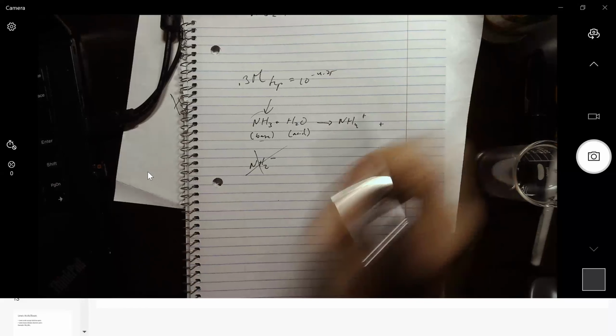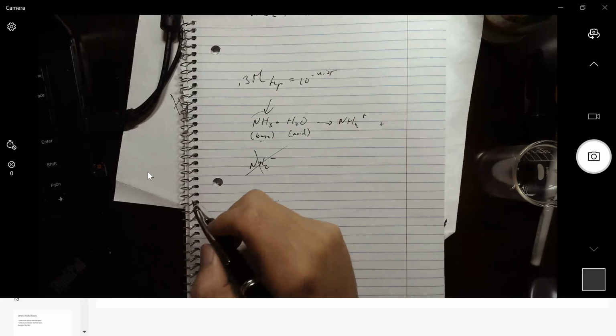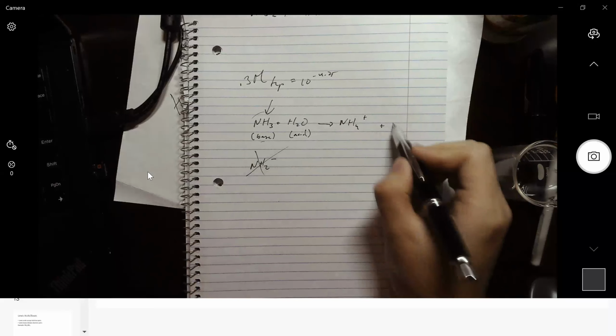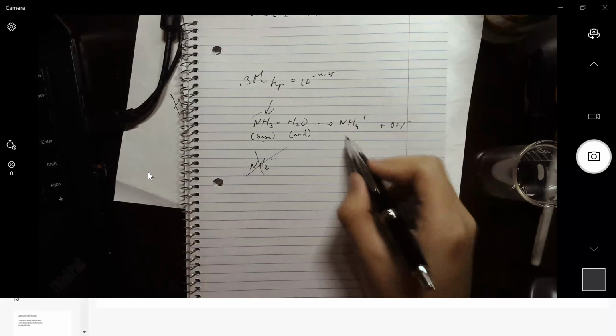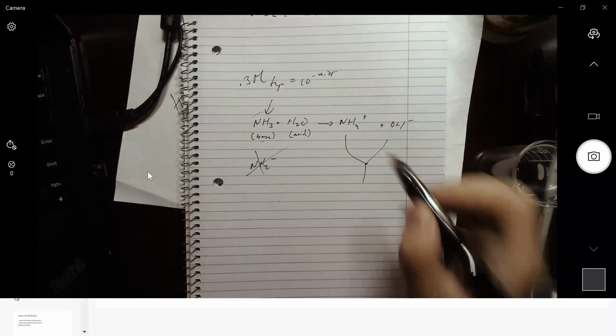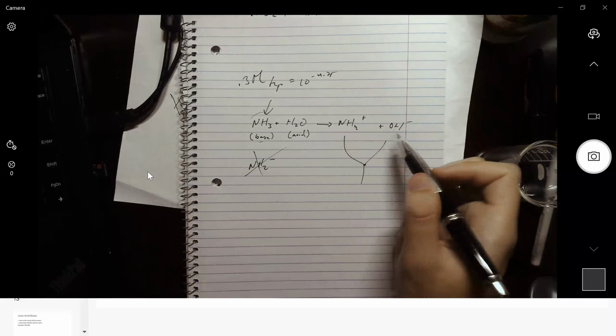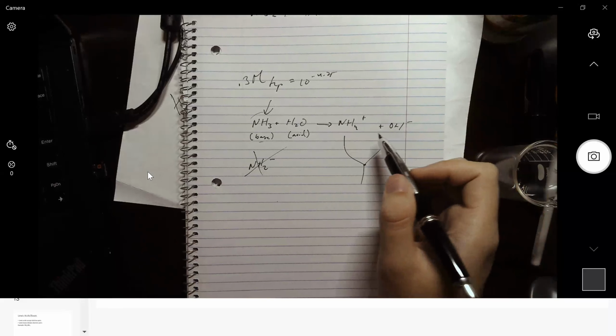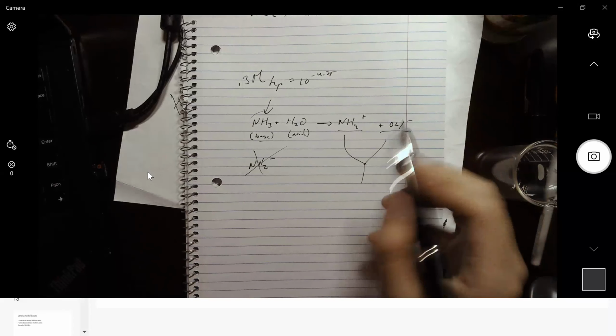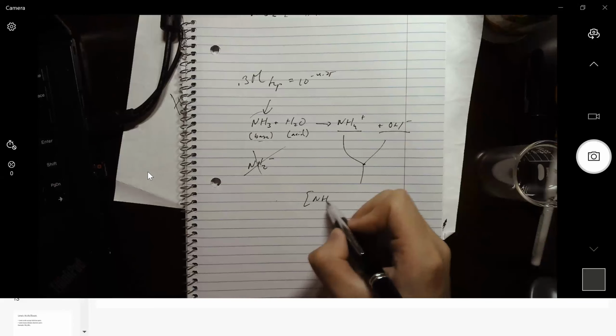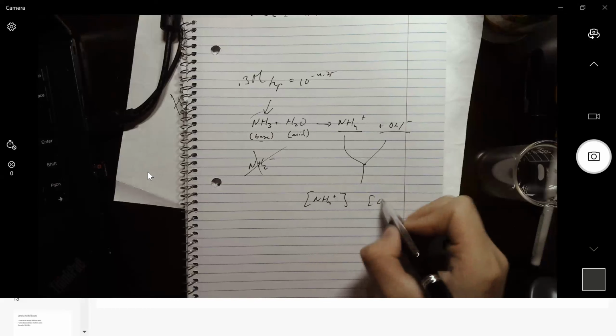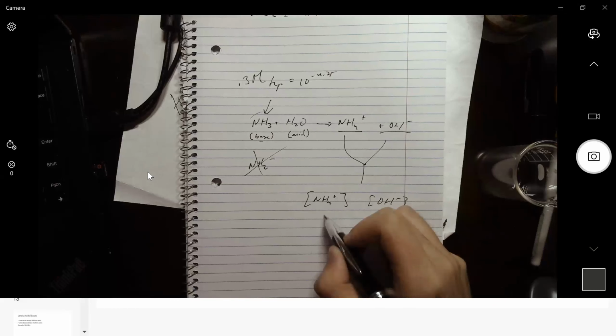And what else do we get? Great. Perfect. Now, do you think these two things are equal to each other? Is this and this equal? Are these equal?